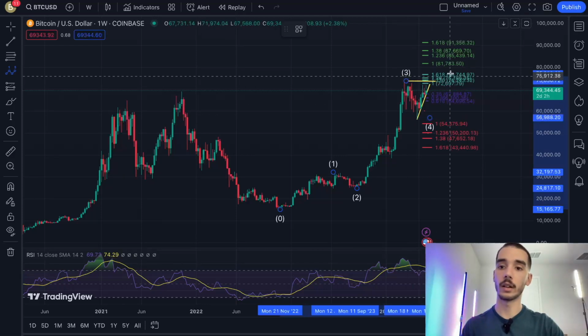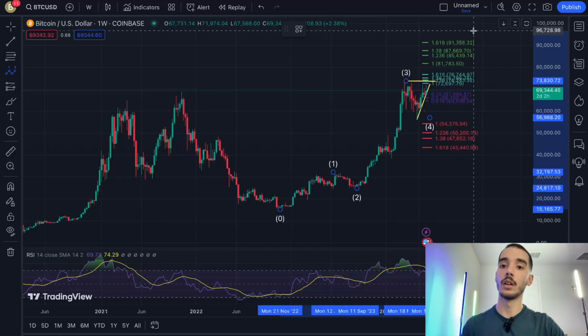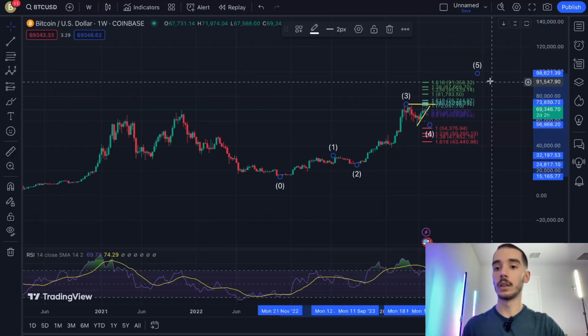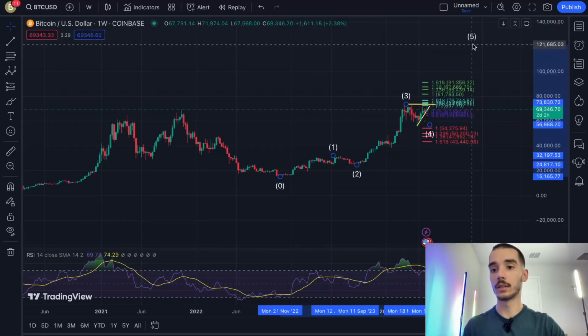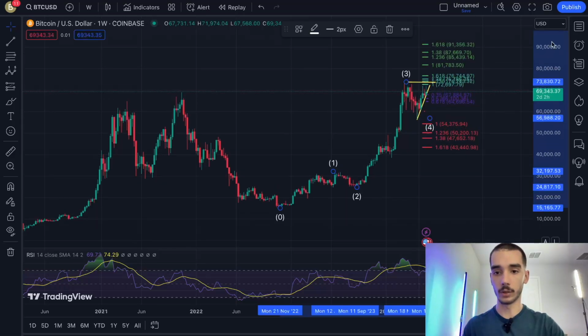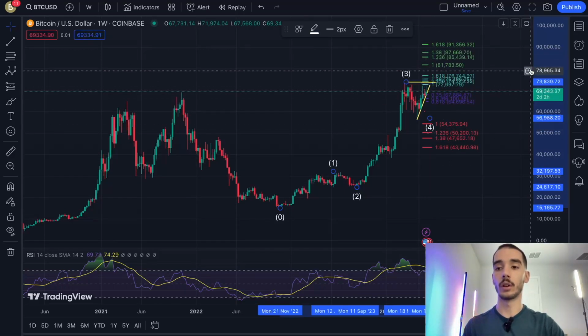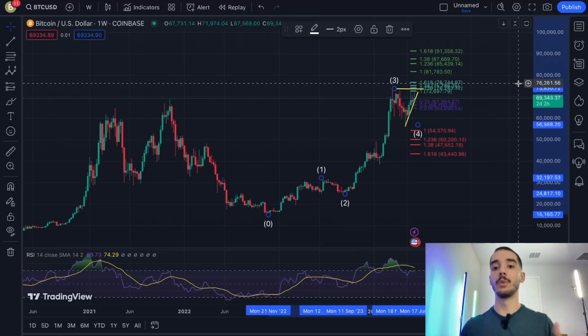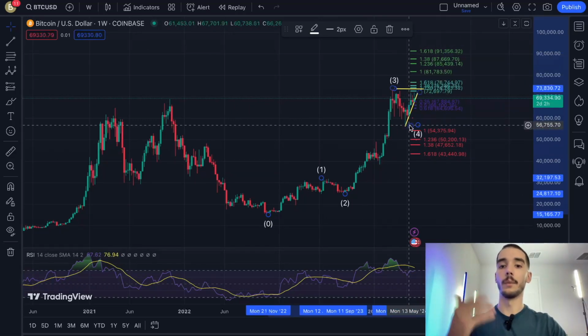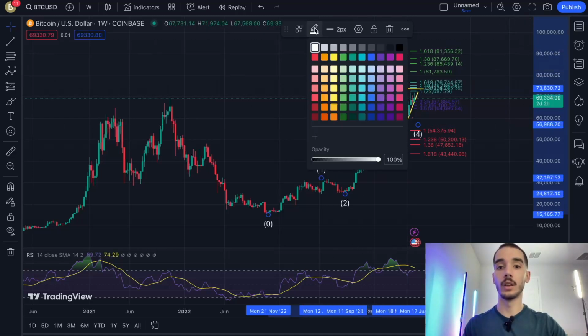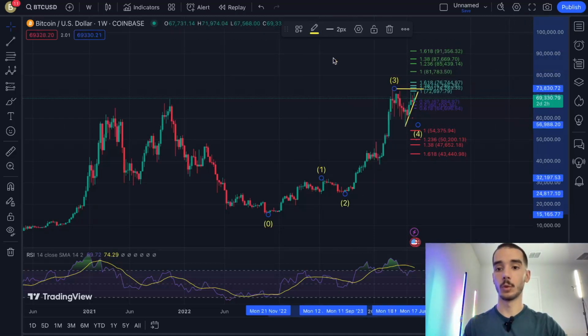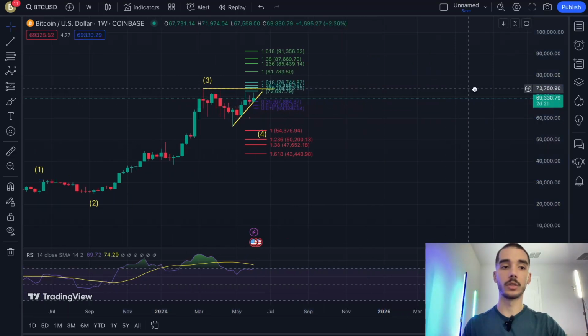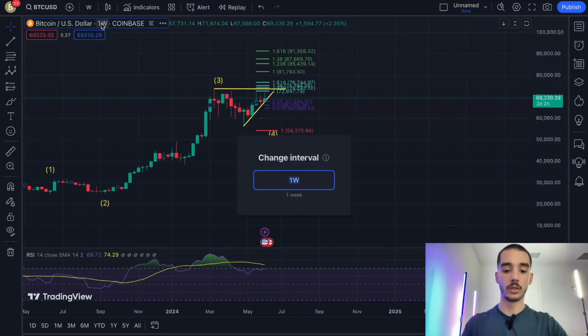We're going to get into that in a sec. And then the fifth wave. By the end of the fifth wave, I believe we should be at least around 120,000. This is all just tradable price trends at the moment. But it's believed that we are currently trading in this bigger wave count, and we'll make it yellow because we're gonna do a smaller one at the moment right now to wrap things up.